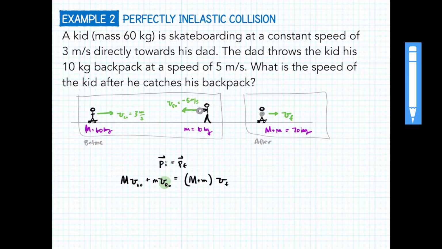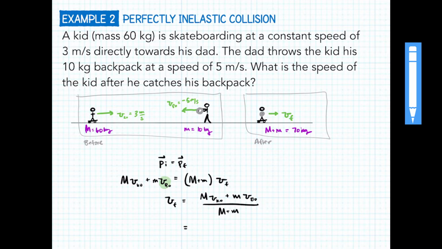So we write this out, we solve for V final, and that ends up being mass times V kid initial plus mass of the backpack times V backpack initial, over the total mass.